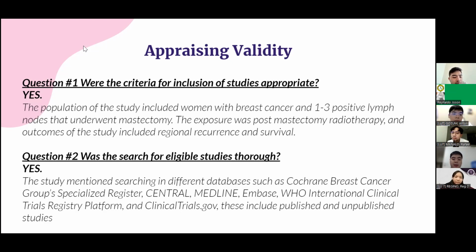In the study, they mentioned that they searched different databases such as Cochrane Breast Cancer Group's Specialized Register, CENTRAL, MEDLINE, Embase, WHO International Clinical Trials Registry Platform, and clinicaltrials.gov. These last 2 actually include the unpublished studies and clinical trials, which are important to go through as well for systematic reviews.